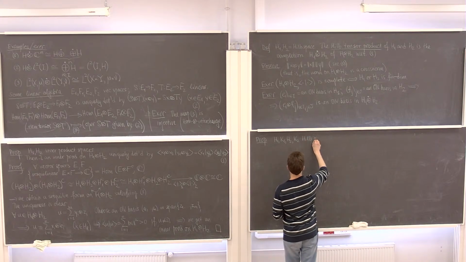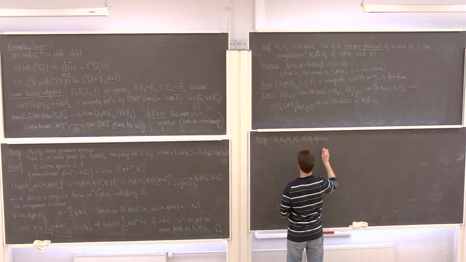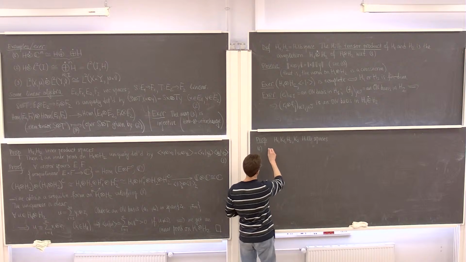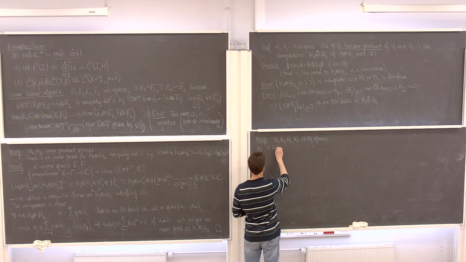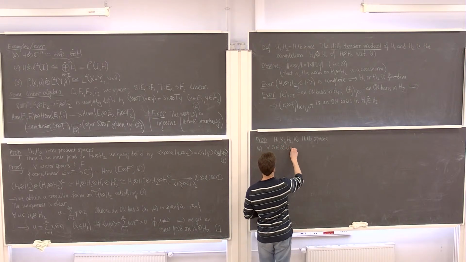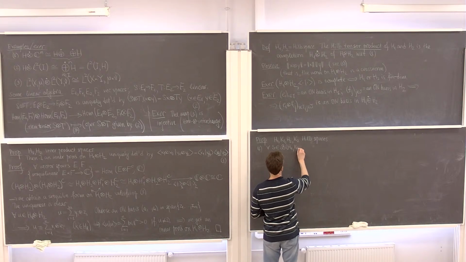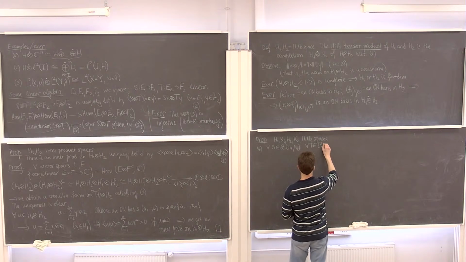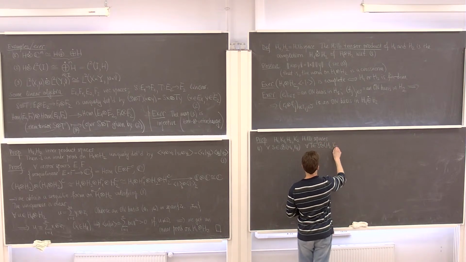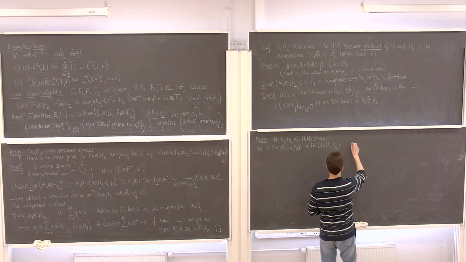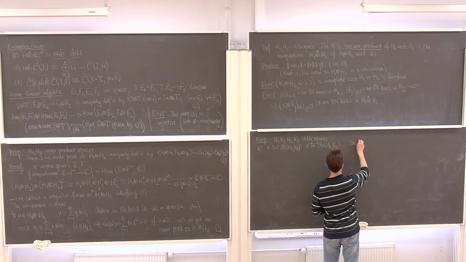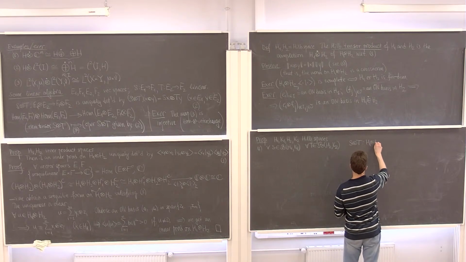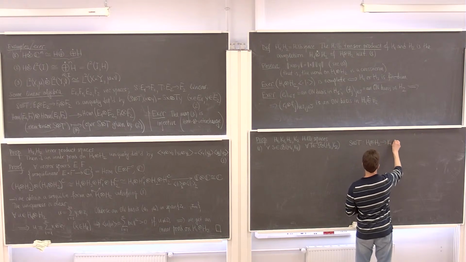I claim, this is part 1 of the proposition, that for every bounded linear operator S from H1 to K1, and for every bounded linear operator T from H2 to K2, the tensor product S tensor T, which acts from H1 tensor H2 to K1 tensor K2.